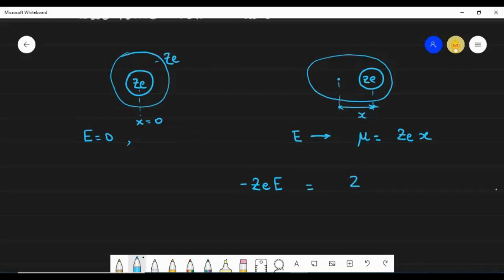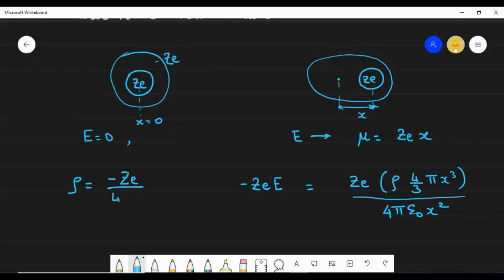Coulomb force is given as Ze into the charge density times the volume, 4 by 3 pi x cube, by the distance square, 4 pi epsilon naught x square. Here the charge density rho is given as minus Ze by 4 by 3 pi r cube, where r is the radius of the atom.